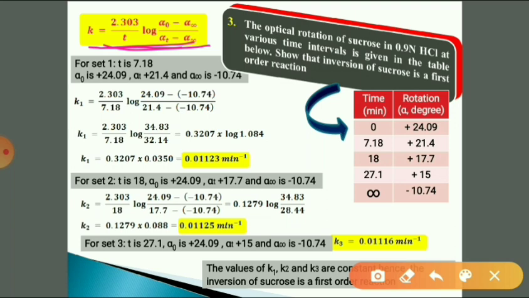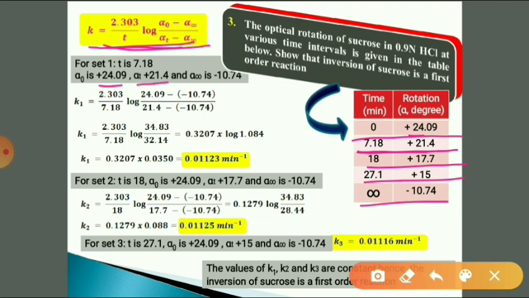Again, we have four different sets. This is set 1, this is set 2, set 3 and set 4, right? For set 1 we have t equal to 7.18 minutes, and the value of alpha 0 is 24.09.